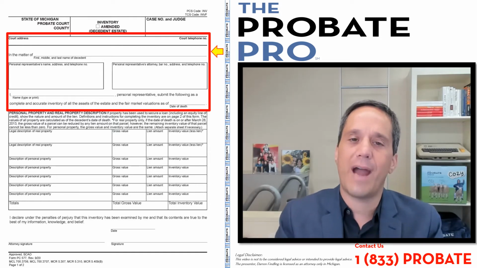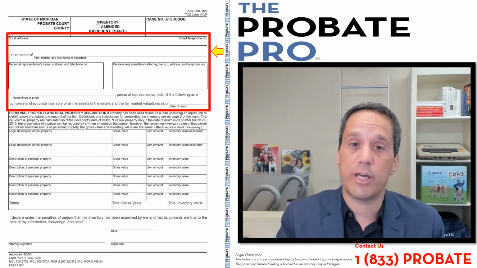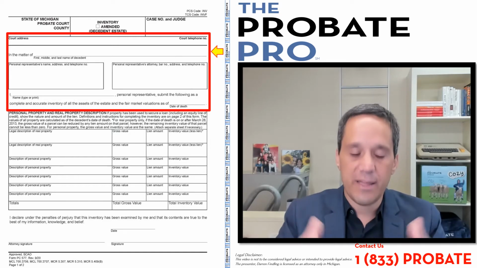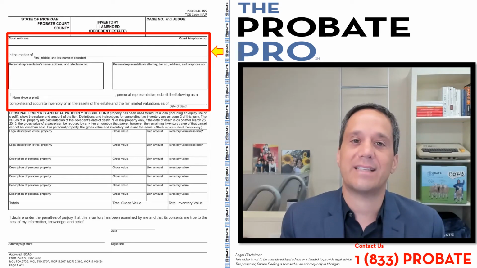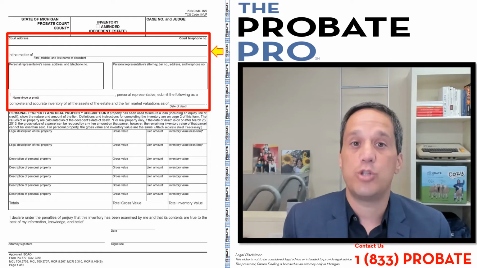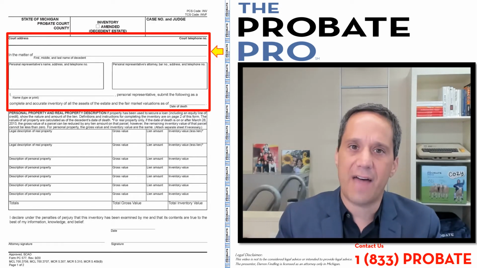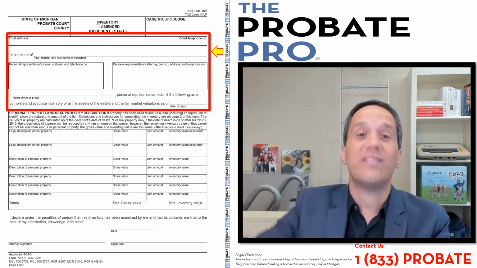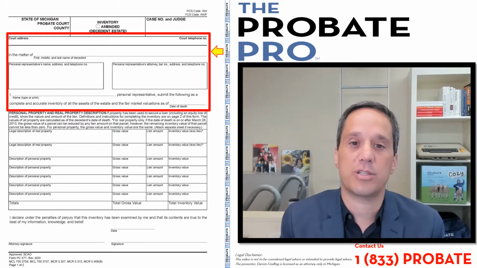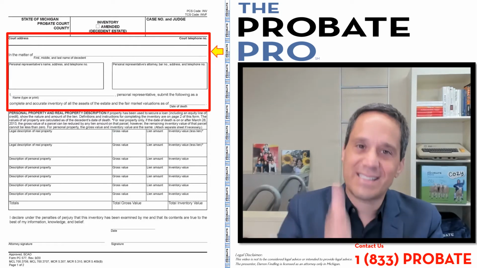So we're only looking for assets titled in the name of the decedent with no named beneficiary, no joint account holder, in their individual name as of the date of death. Those are the assets that are going to be reflected generally on an inventory and presented or filed with the probate court. And again, we're talking about the date of death. So assets that come into the estate during the administration, this sometimes occurs, would be reflected on an accounting. The inventory is a snapshot.